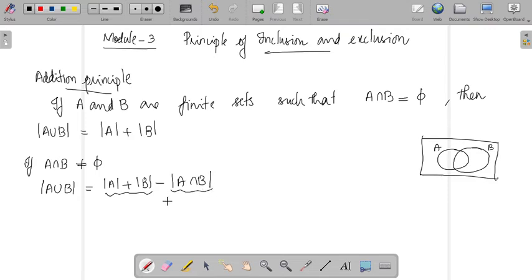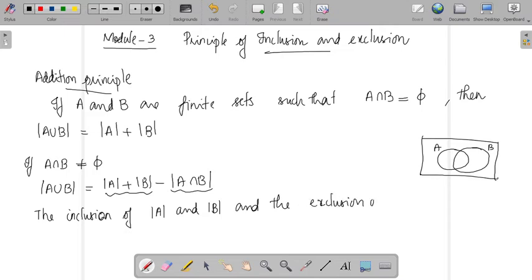So the inclusion of cardinality of A and cardinality of B and the exclusion of cardinality of A intersection B will give the value of cardinality of A union B.